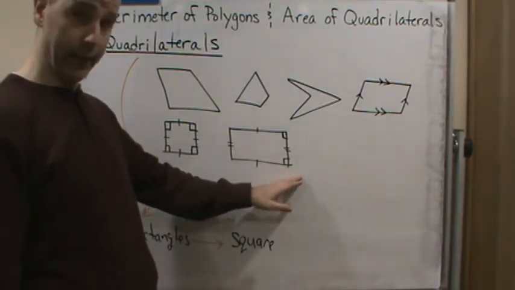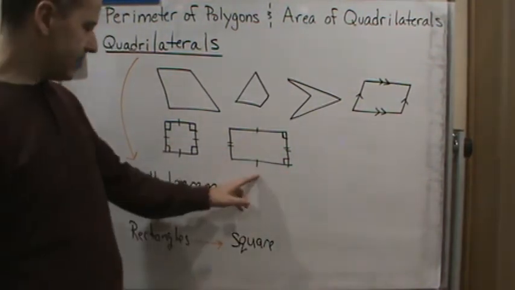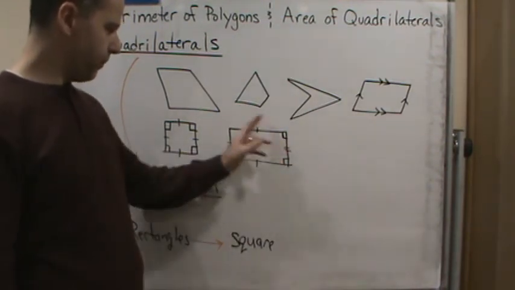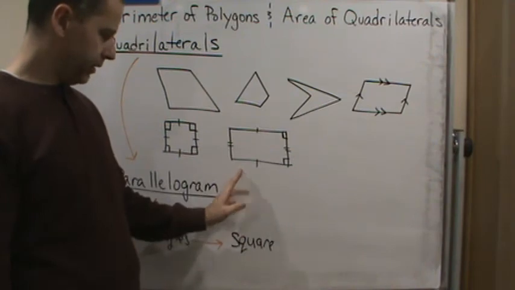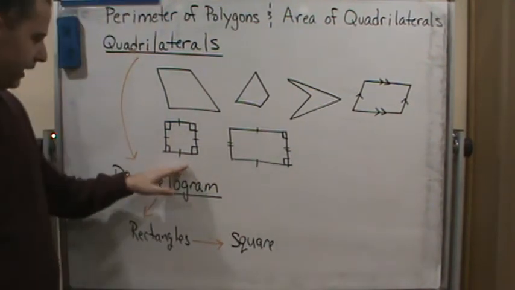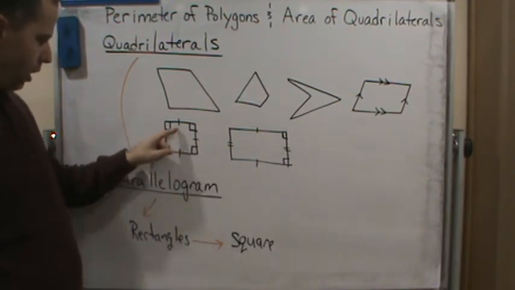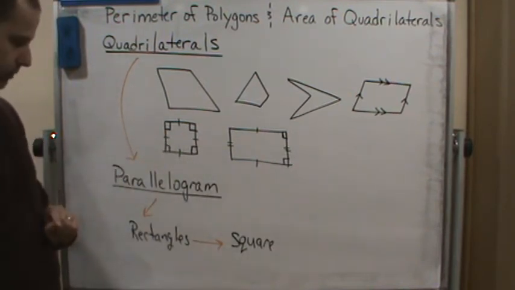They're perpendicular, but the opposite sides are the same, so they're not all the same length. So that's a rectangle. Now here, this would be an example of a square. It's a rectangle, except all four sides are the same length.